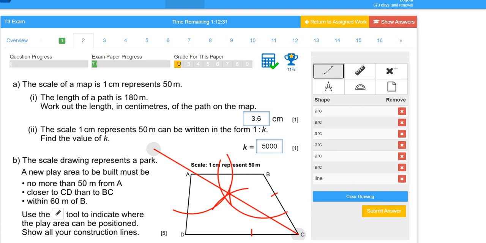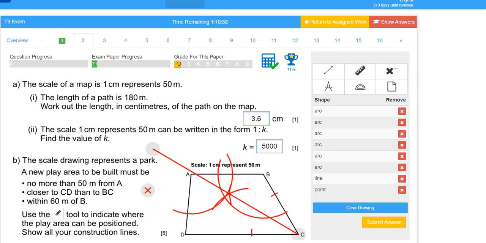So somewhere along this new line I've created is closer to CD than BC. Well, that would be exactly the same between C and D. So it has to be to the bottom of that. So then finally, I'm going to use this tool to mark where it should be.